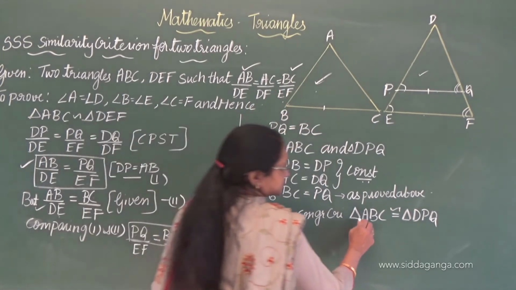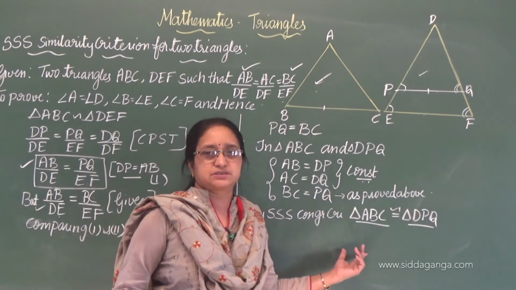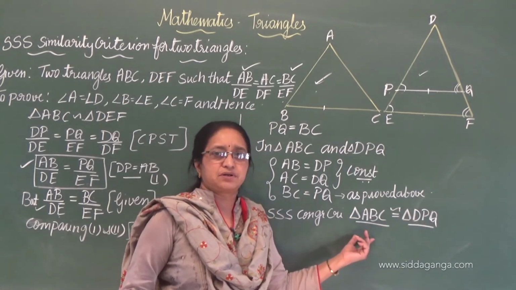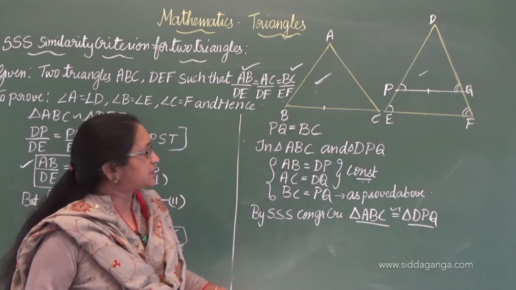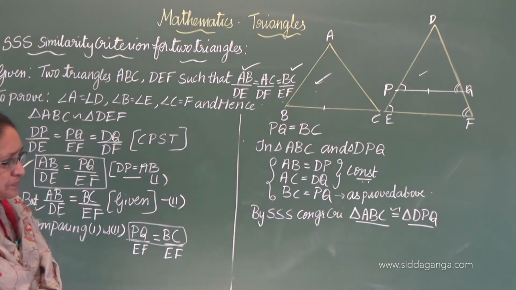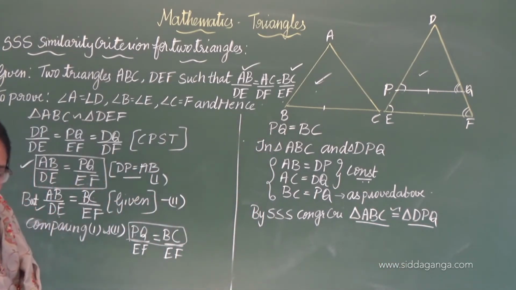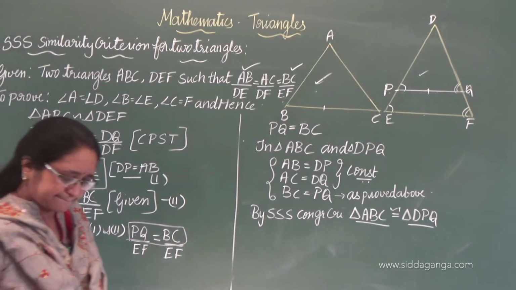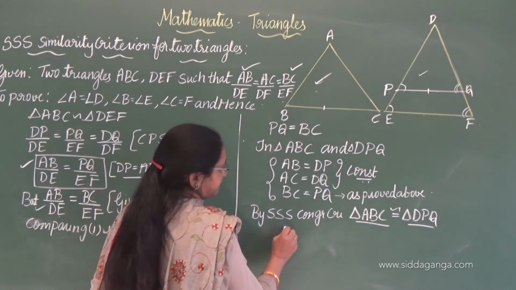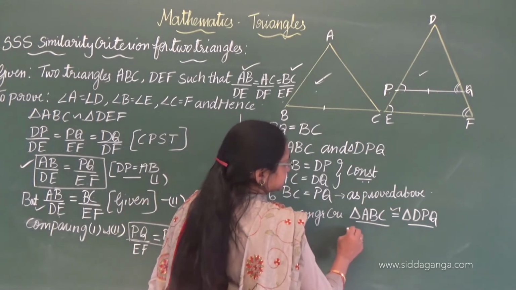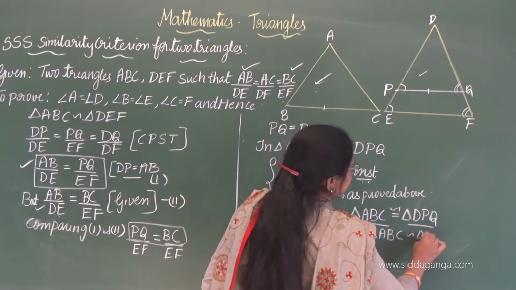Or see, this also shows that these are equiangular triangles because all the three angles are equal and all the sides, AB is equal to DP, see, these sides are equal. So, definitely we can say that they are similar. Okay. So, let us write that. So, this can be written, or this implies that triangle ABC is similar to triangle DPQ.